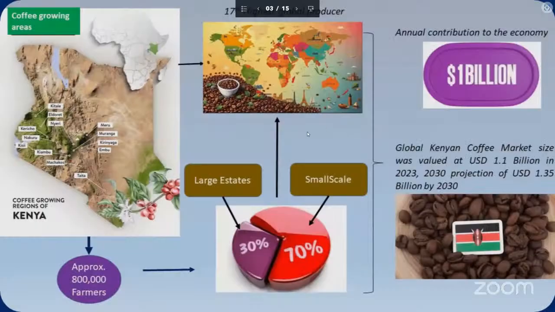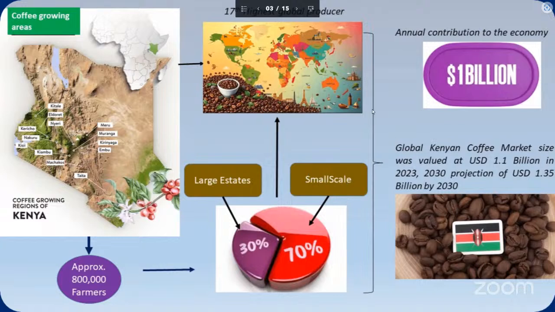So a brief background on coffee in our country. These are the major areas where we have coffee growing in the country. There are approximately 800 farmers in the country with only 30% accounted for by the large estates and a big 70% by small scale farmers.